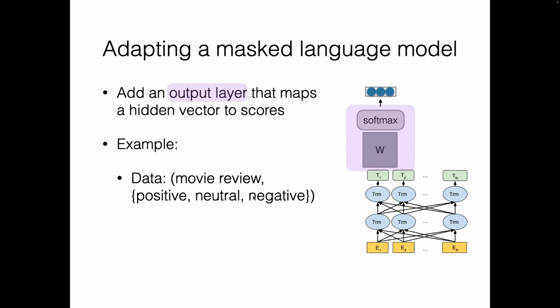For example, let's say we wanted to solve the task from the first two lectures, sentiment analysis. Then you collect a data set of movie reviews, and your class would be positive, neutral, or negative. Then you would add on a weight matrix that goes from your hidden dimension to 3. If you take the softmax, you have the probability of each of the 3 classes.